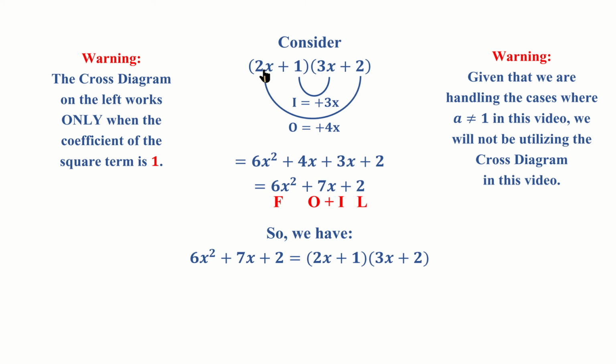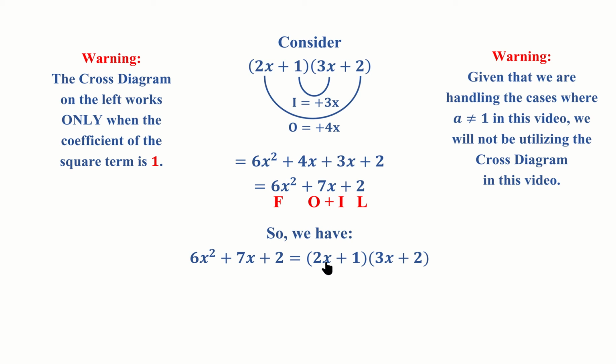We realized that the first term in the result is the product of the first term and the first term here, and the last one is the product of the last term here and the last term there, and the middle term could be obtained by taking this inner product and adding it to this outer product, which gives us 4x plus 3x and therefore 7x. That's where the name FOIL comes from: the middle term being the sum of the outer product and the inner product.